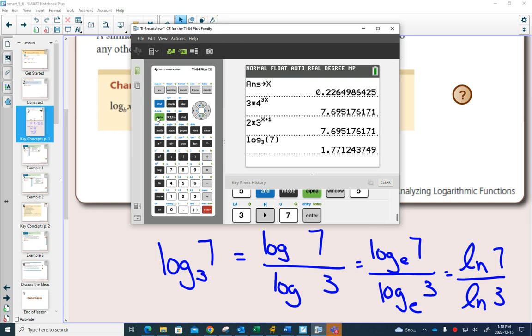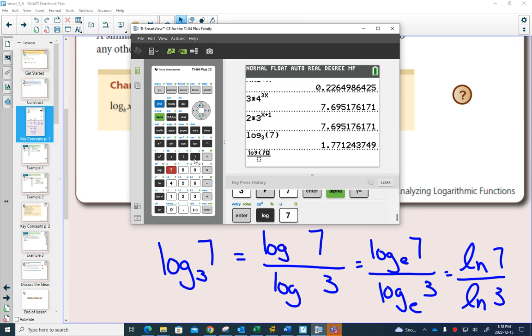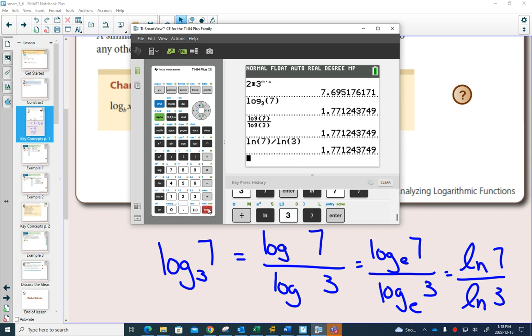I can do, as a fraction, log 7 divided by log 3. And I can do the natural log of 7 divided by the natural log of 3. And notice that all of these come out to the same thing.